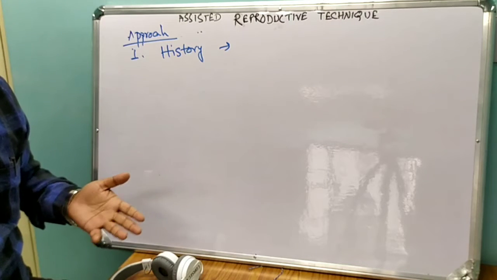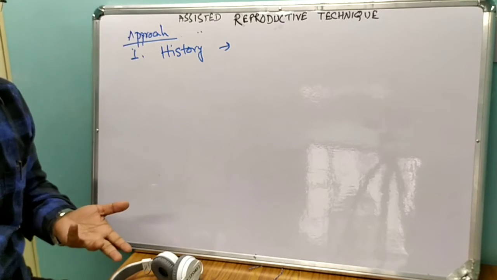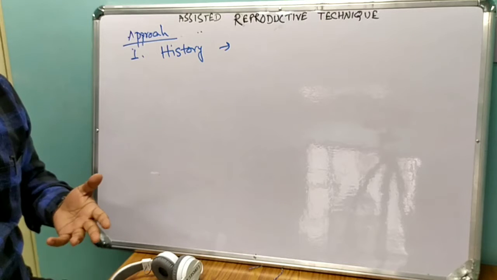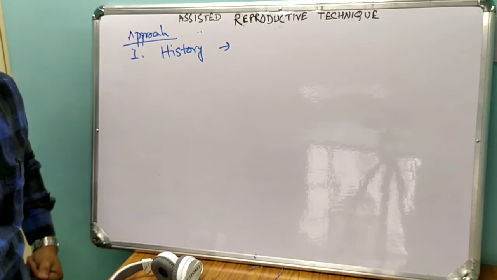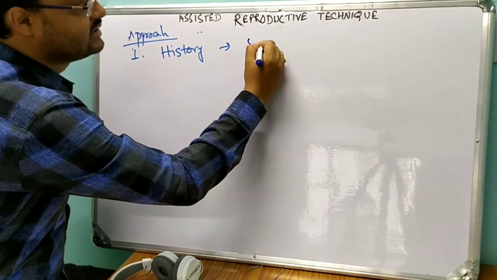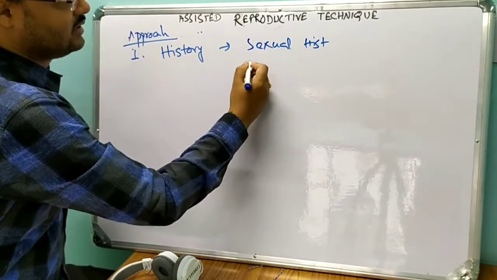That may lead to infertility because of either absence of genital organs like a blind uterus, or absence of ovum formation. So first, history, you have to take the sexual history. Number two, physical.